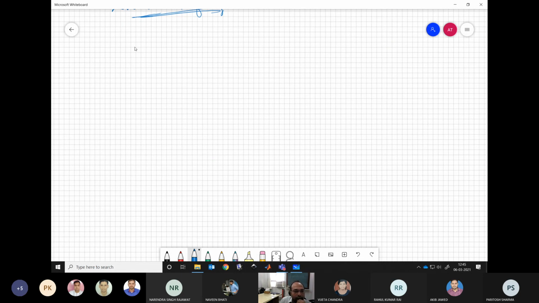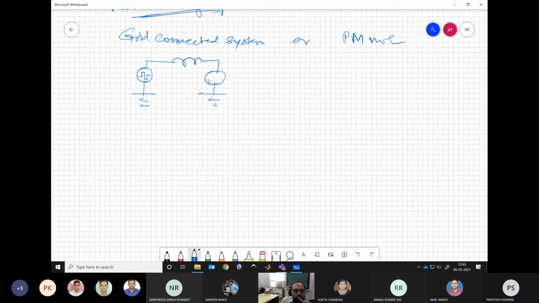Let us say, even if we have a grid connected system, or we have any other motor, let's say PM motor or something else, then if we draw the per phase equivalent of that system, it will basically be drawn as this.